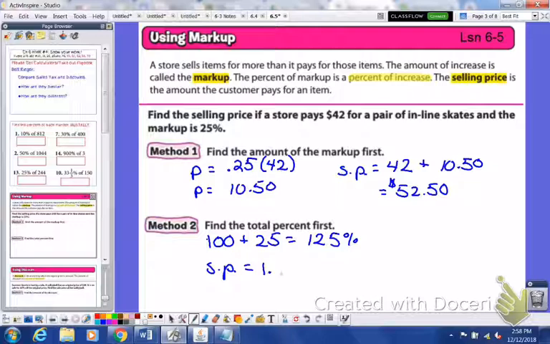Remember, divide by 100, so 1.25 times our original price of 42. Stick that in our calculators, 1.25 times 42. And we again see that the selling price is $52.50. So again, both methods work. You obviously get the same answer for both, so you choose which one works best for you.